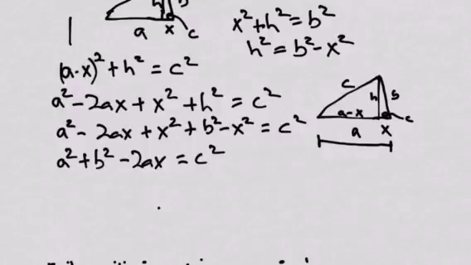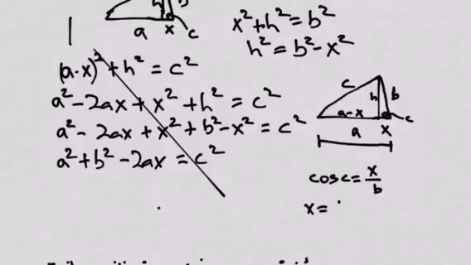I have angle C down there, and the cosine of angle C is in fact equal to x over b. So cosine C equals x over b, and solving for x, x equals b cosine C.